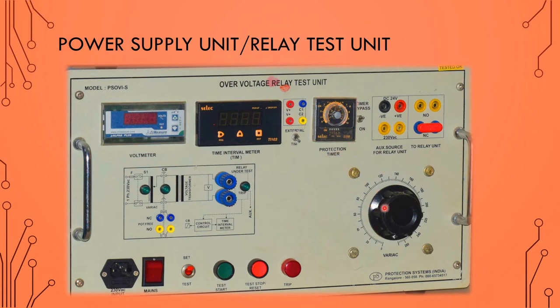So we cannot set the relay while varying this. In the electromechanical overcurrent relay, there was a switch on the left side of the power supply unit, used to allow the current to the relay or not. But here this set or test switch is used to set the relay or to test the relay.